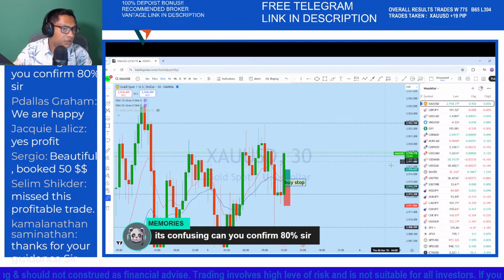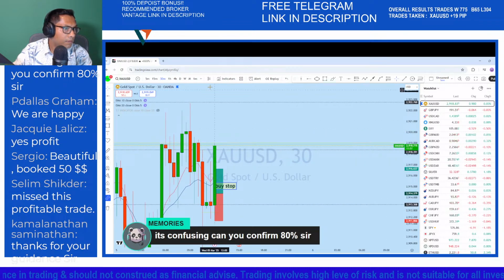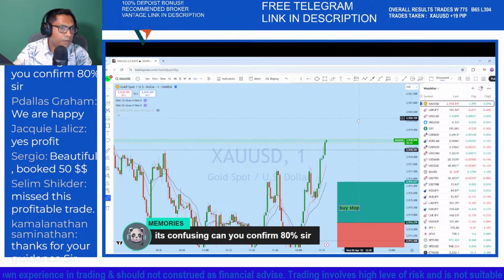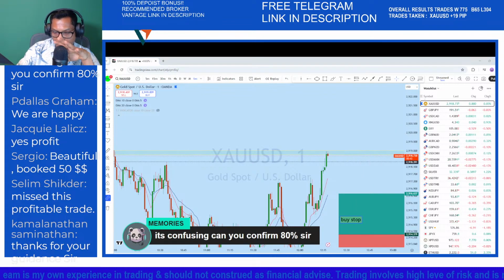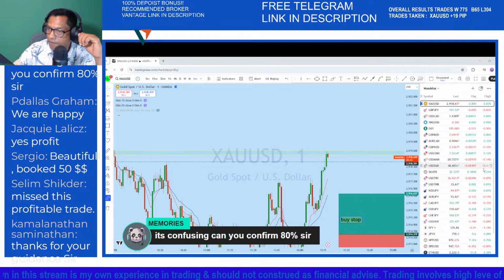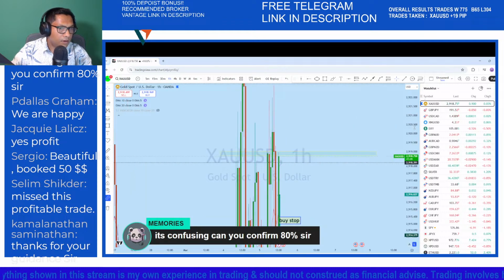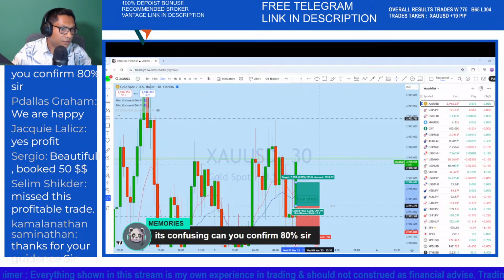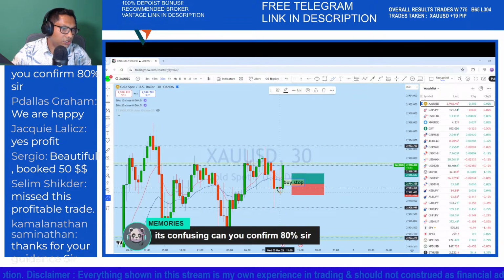So here it's pushing up. Now what we can see in this area, this is the 30 minutes, a very aggressive bounce here after a narrow doji formation.